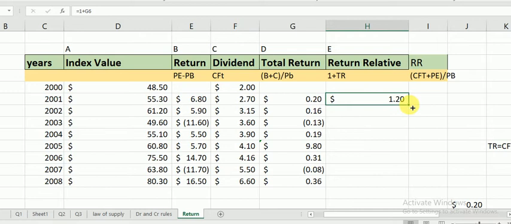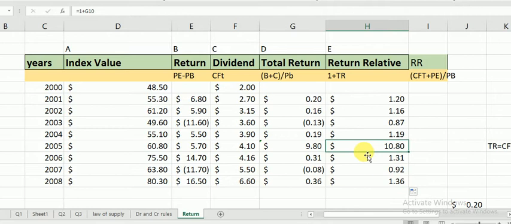When we drag down up to this one, look at here, all the values: 1.20, 1.16, then this negative one is 0.87, less than 1. This one is 0.80, this is 1.31, and this is again a negative value, so their returns relative is 0.92, depreciation, less than 1, and the rest of the values are more than 1.